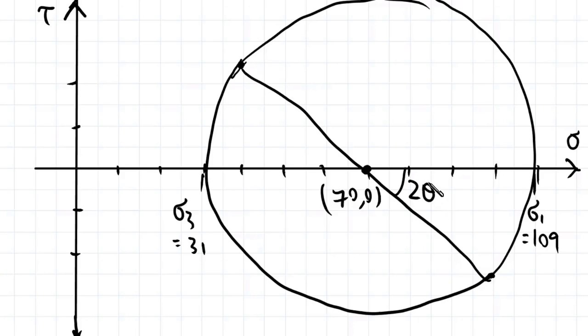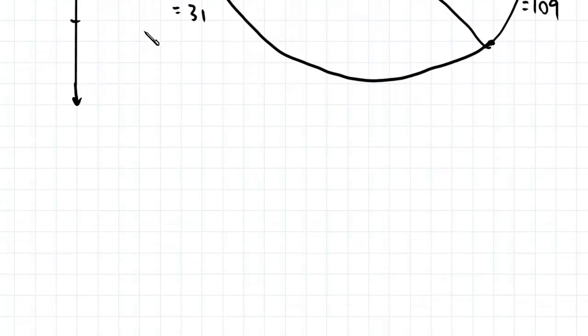And if you've drawn this to scale, you can just measure what this angle is using a protractor. And this works out to be 40 degrees. So therefore, theta equals 20 degrees.